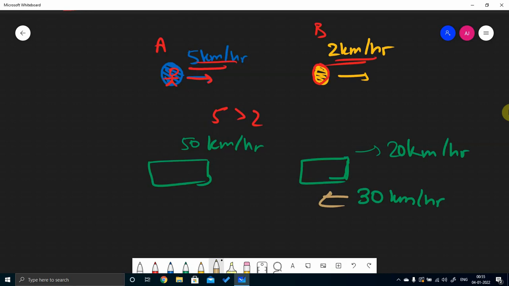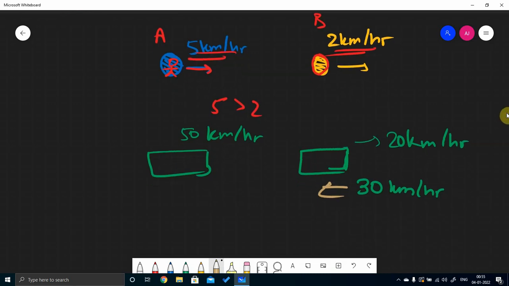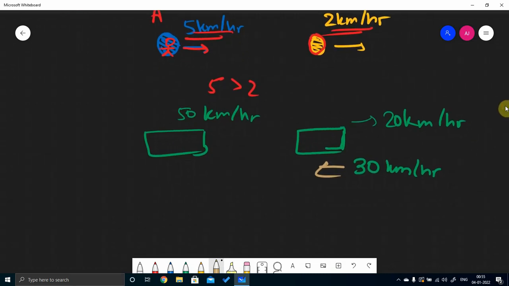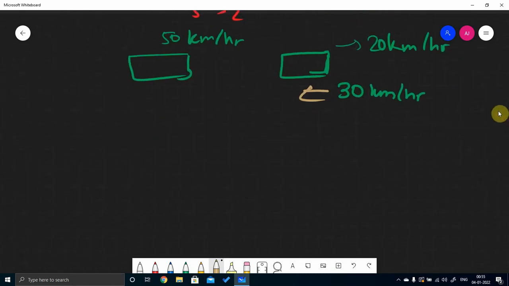Now I'll tell you a quick shortcut that would allow you to solve any kind of question. Let's just take an example, starting with something simple.